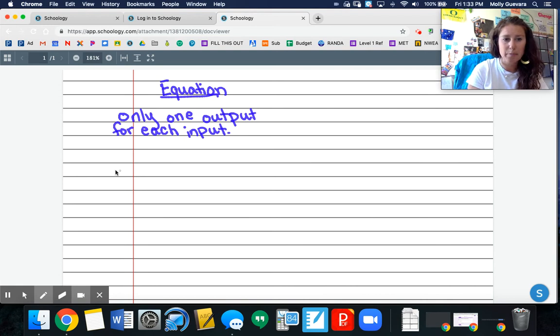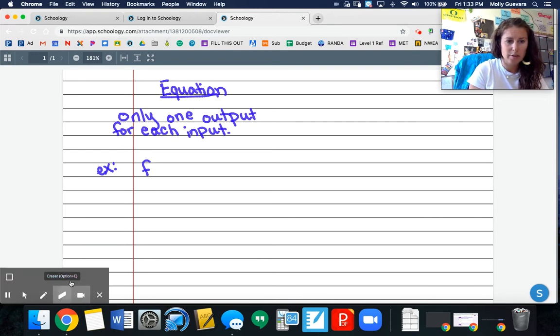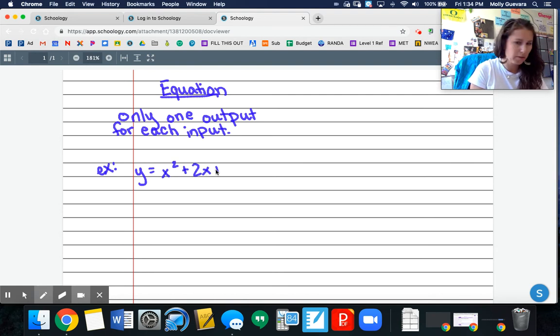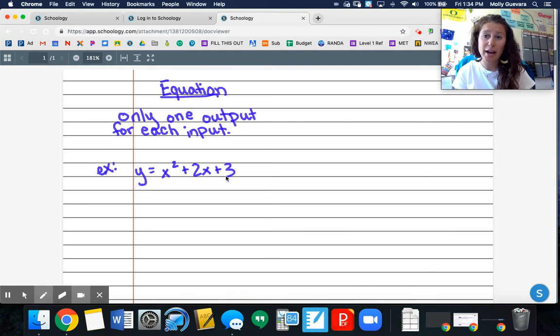Okay, so an example of an equation that is a function would be like y is equal to x squared plus 2x plus 3. No matter what number I plug in for x here, I'm going to only get one number out. So that's really important, right?